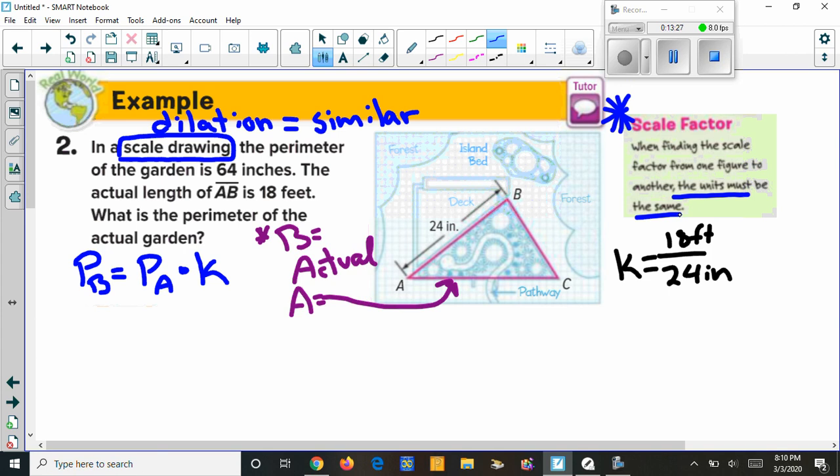So let's convert the 24 inches into feet. We know that there are 12 inches in every foot, so this is equal to 18 feet over 2 feet, which gives me an answer of 9 for my scale factor.